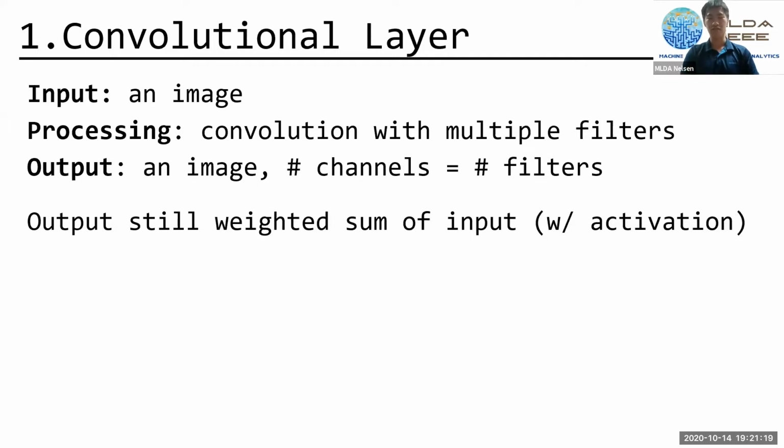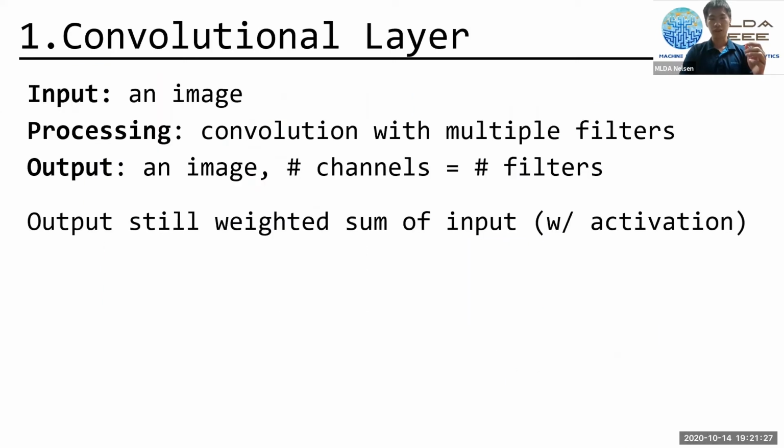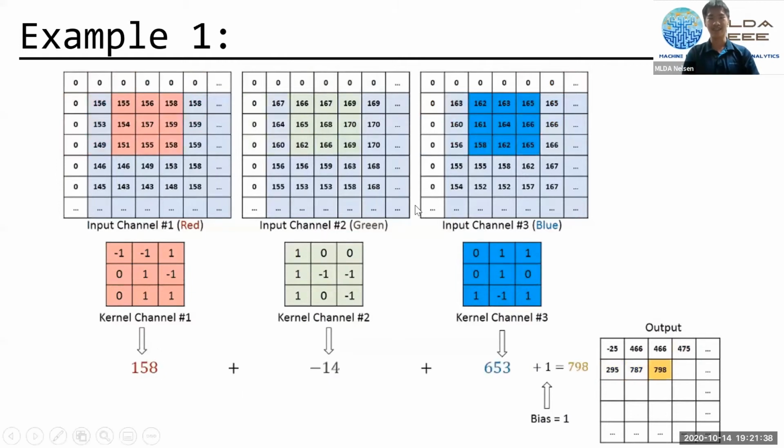So first of all, when we're trying to determine convolutional layers, what we need to consider is there's an input. For the input, we need to consider how convolution works. Convolution is actually done in this manner. If you can see on the screen, this is how convolution works.